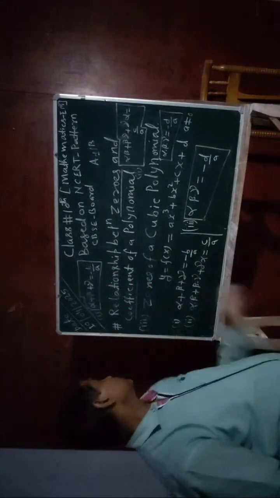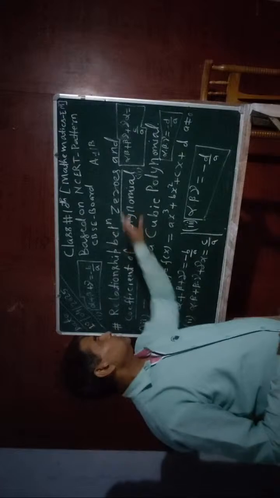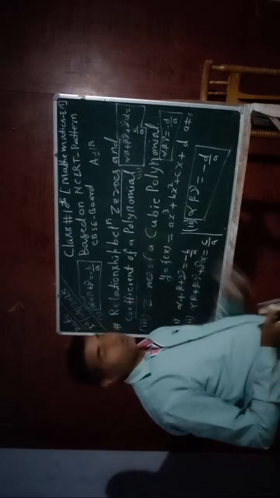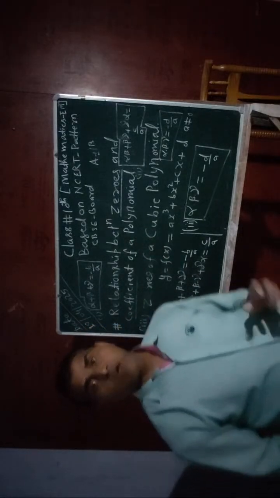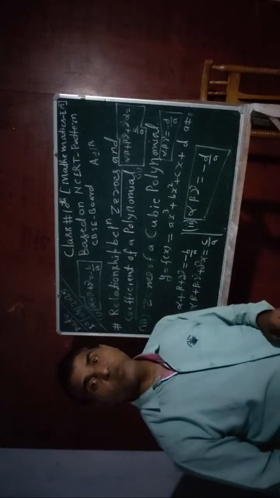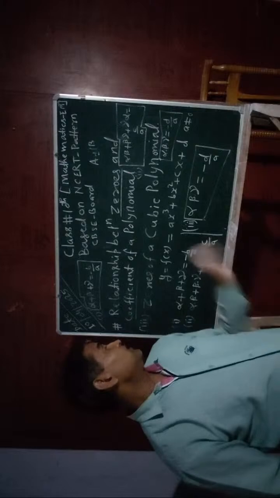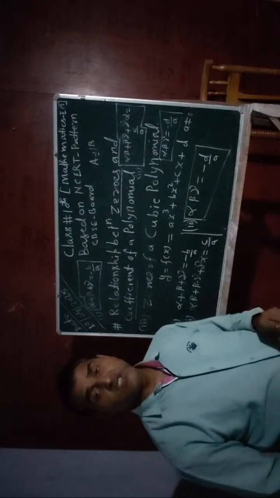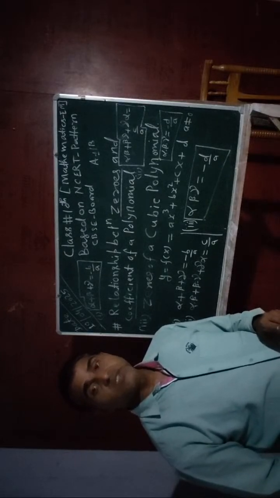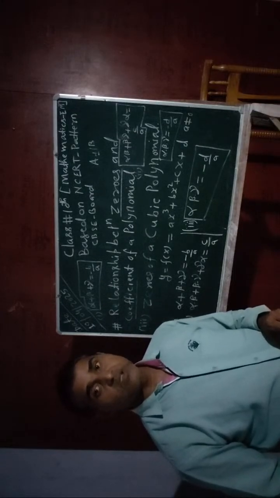Okay student, so this concept is the relationship between zeros and coefficients of a polynomial. In my syllabus, linear, quadratic, and cubic polynomials are available, and I have got their zeros, and corresponding to each zero I have got its root. I have the relationship between the sum of the roots and the product of the roots in the quadratic polynomial and also in the cubic polynomial.